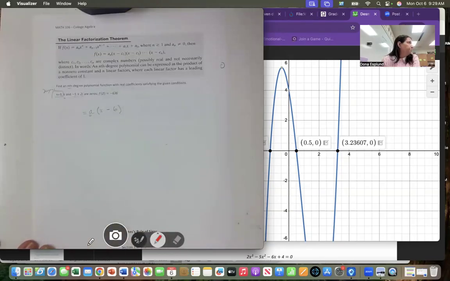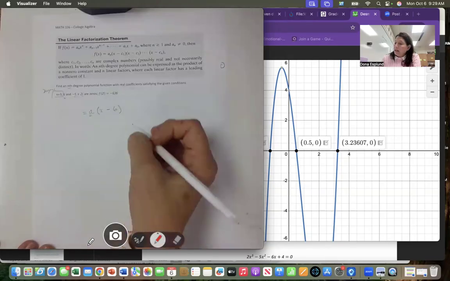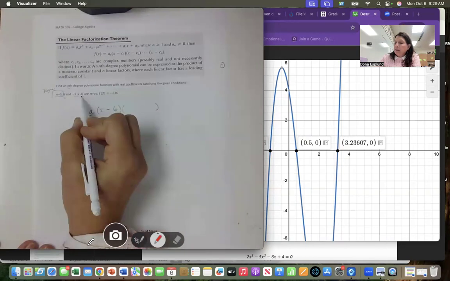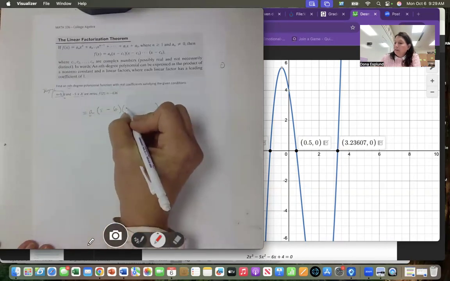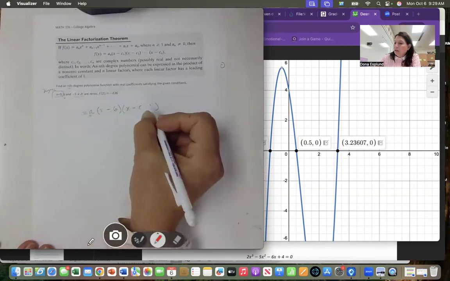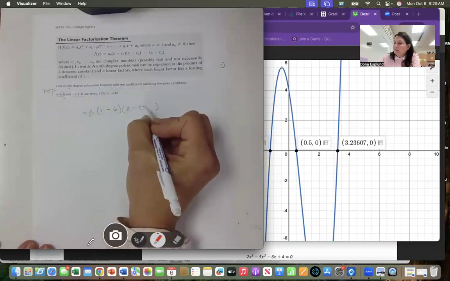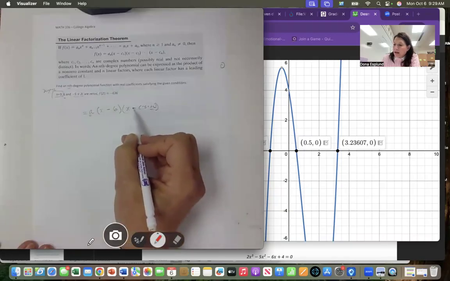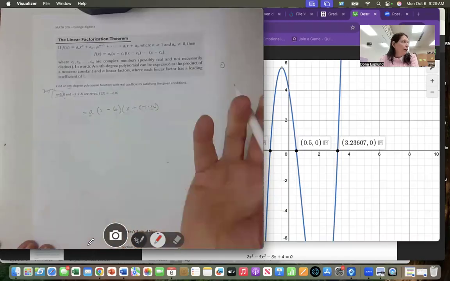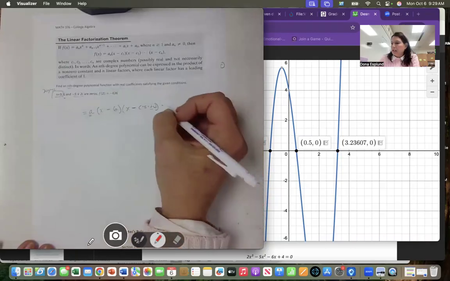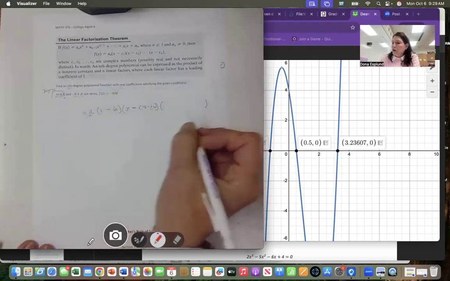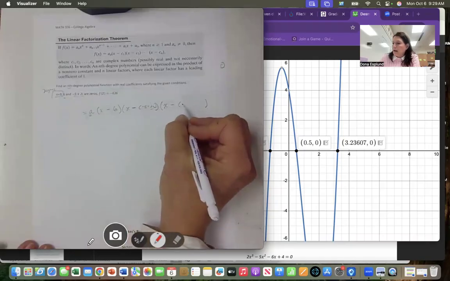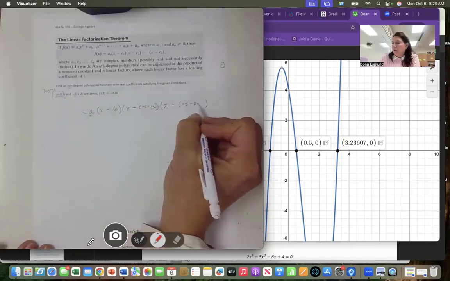If I have another zero that is -5 plus 2i, I will have x minus, and I'm going to put it in parentheses, -5 plus 2i, because that's my root, but remember I have that minus in front of all of my roots. And I'll also have x minus my other root, -5 minus 2i.